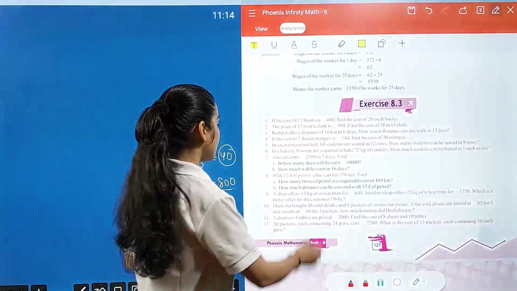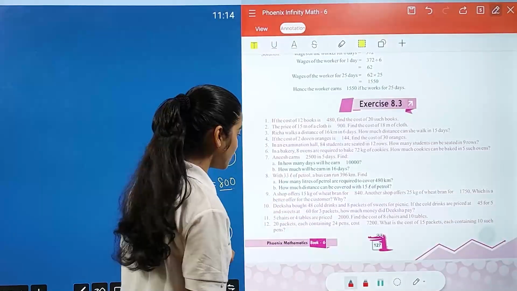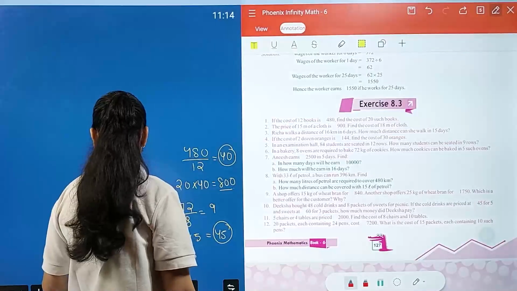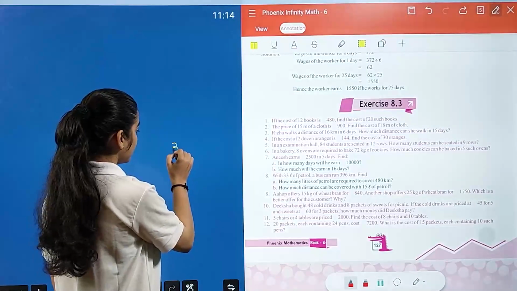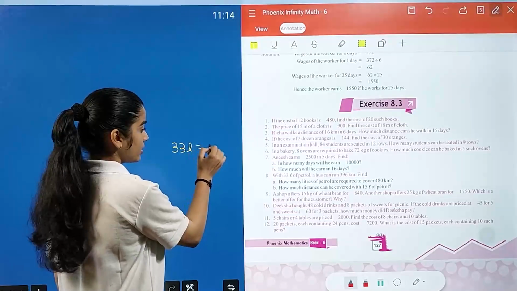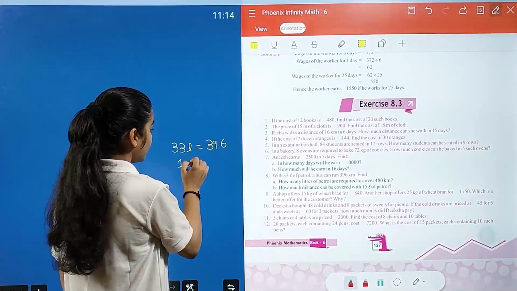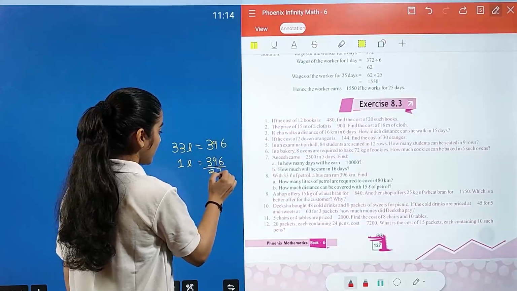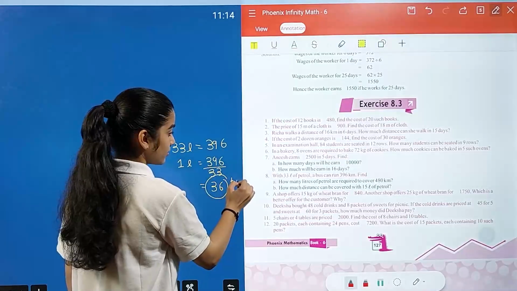Next part you have: with 33 liters of petrol, a bus can travel 396 km. Find how many liters of petrol are required to travel 480 km. If in 33 liters a bus can travel 396 km, then in 1 liter it will travel 396 upon 33, which is 12 km.